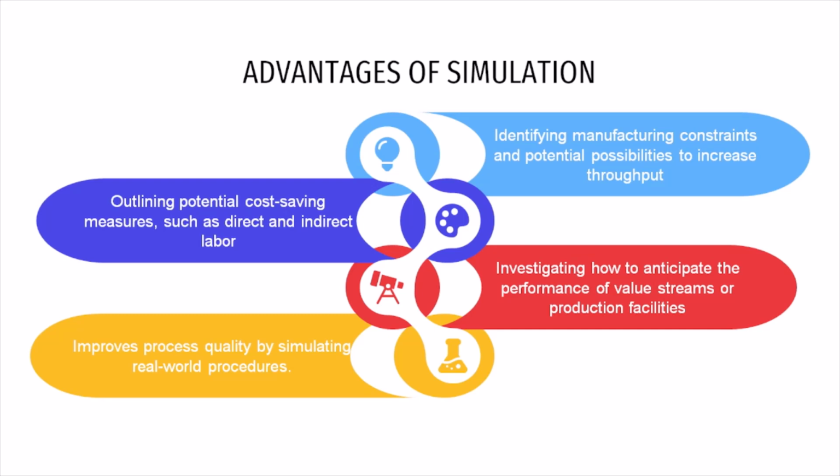You do everything you want without incurring the extra costs that come with having to build the actual plant itself. So it outlines potential cost saving measures by not being involved in direct or indirect labor. You get people to build the processes and all those expenses. These are averted by making use of simulation.